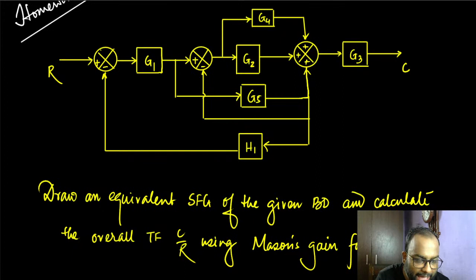Someone is saying there should be an arrow after G5, so essentially the signal is coming out of this, and okay, I made a mistake. Hold on. Yeah, thank you for figuring this out. I was supposed to draw this slightly different. Yes, you are correct about that.